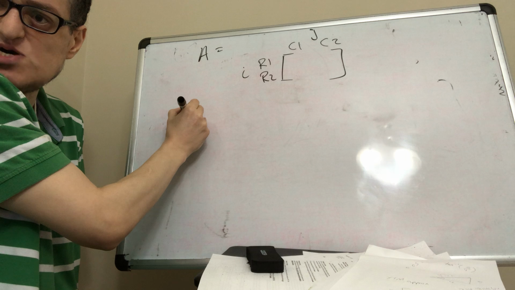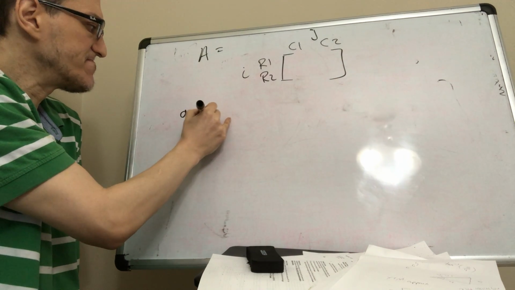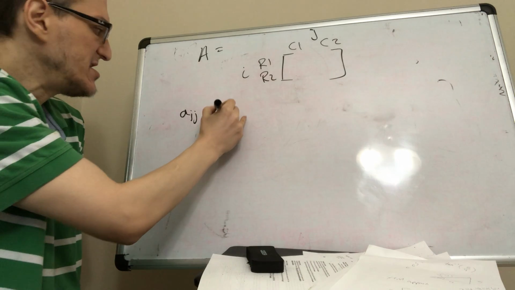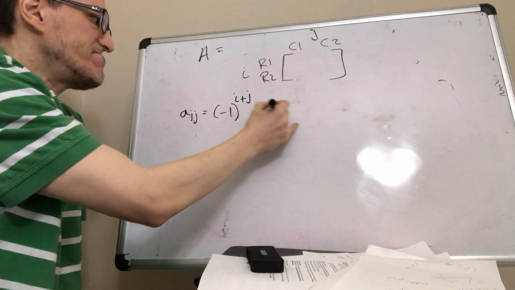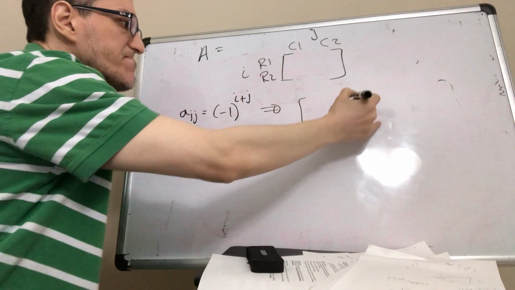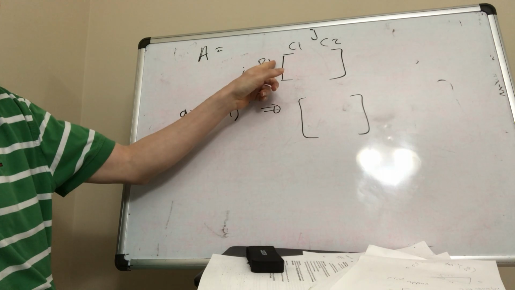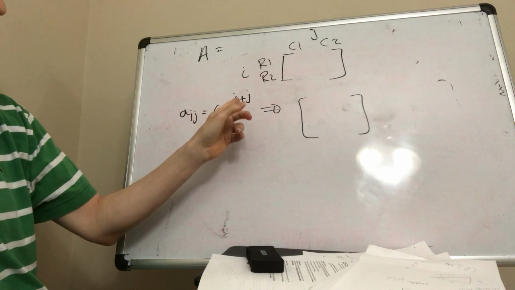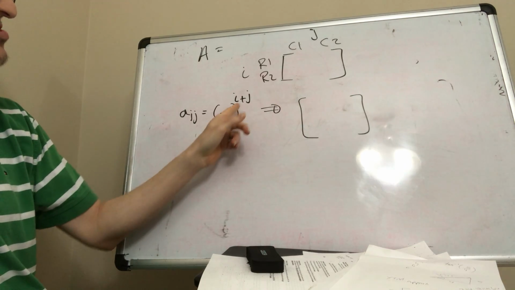They want you to apply this formula for A. Aij would be -1 to the exponent I plus J. So when you apply it to this, I is 1, j is 1. 1 plus 1 is 2, so the first entry will be negative 1 squared.